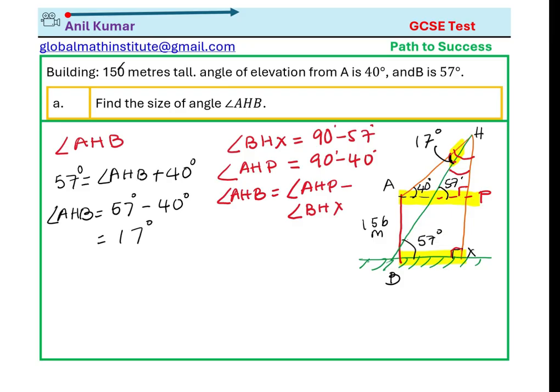So what I used here is the concept that the exterior angle is the sum of remote interior angles.